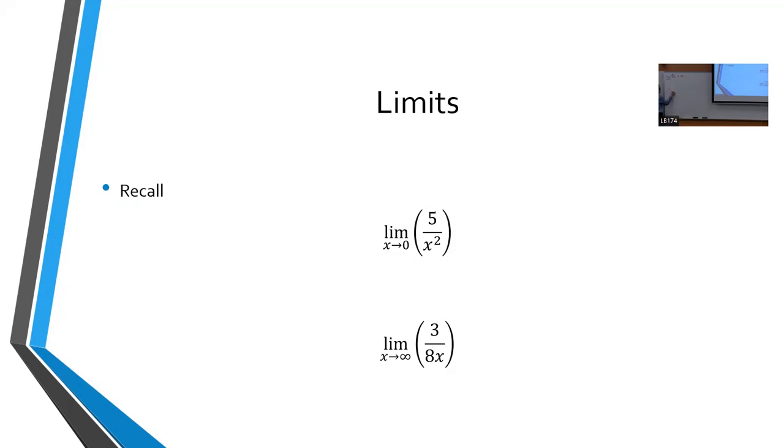If we have a fraction where the top is staying the same and the bottom is getting really, really, really big, like 3/8x, take the limit of 3/8x as x goes to infinity.